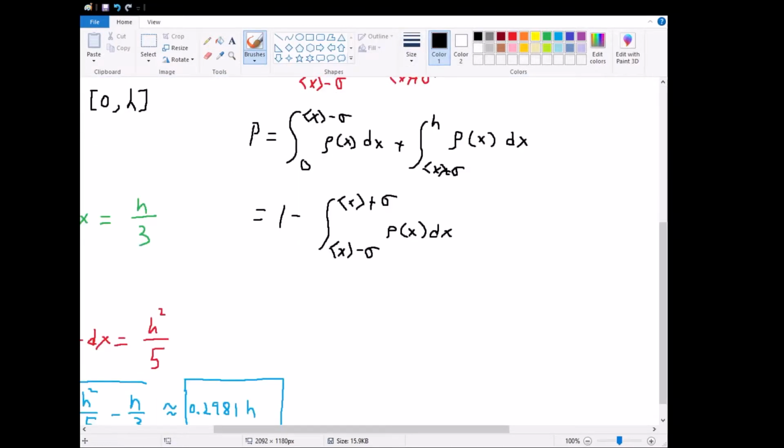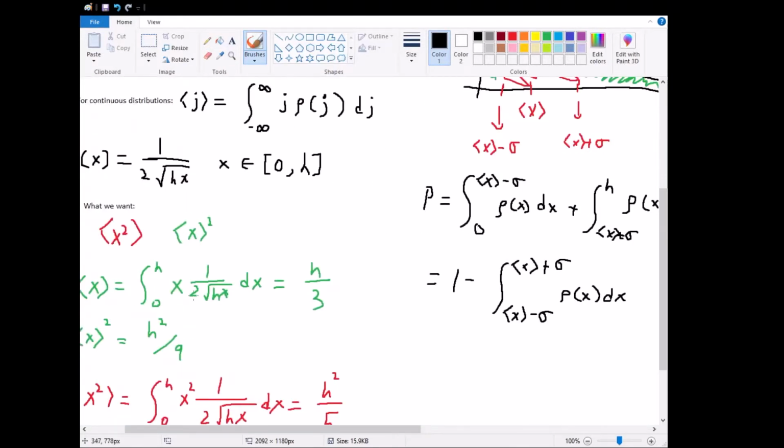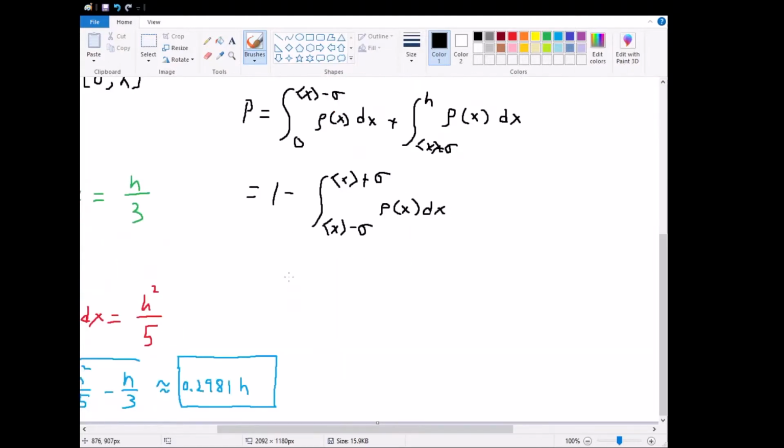And what we can do here is we already know that the standard deviation is 0.2981 h, and we also know that the average of x from this integral is h over 3. So we can numerically calculate what x plus standard deviation is and what average x minus standard deviation is. As it turns out, x plus a standard deviation is equal to 0.6315 h.